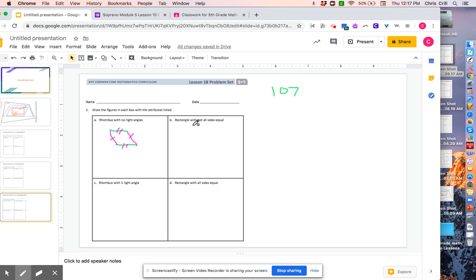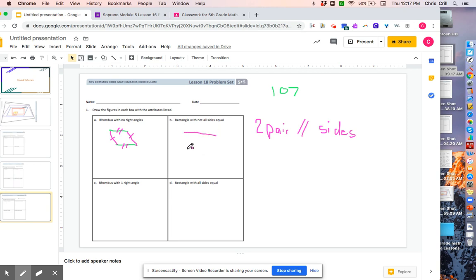So a traditional rectangle. Well, a traditional rectangle is also a parallelogram because it has two pairs of parallel sides. Just going to use the symbol for parallel sides. And we do not want our sides to be equal.